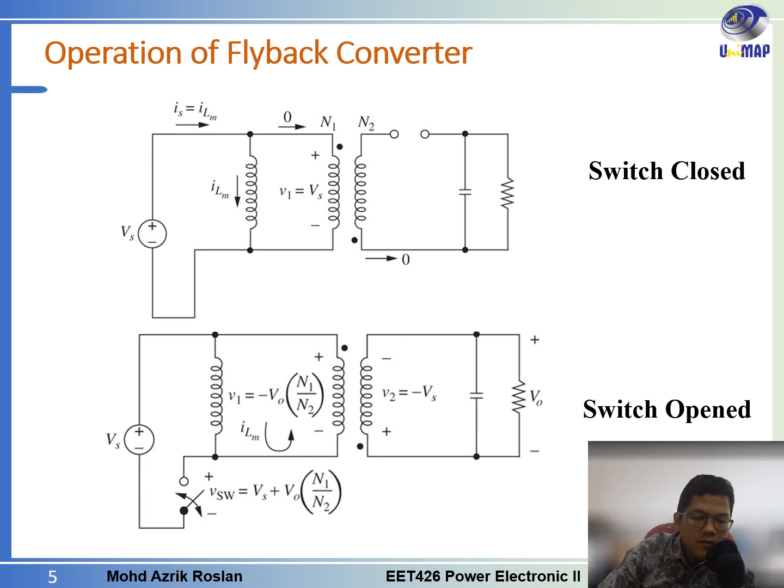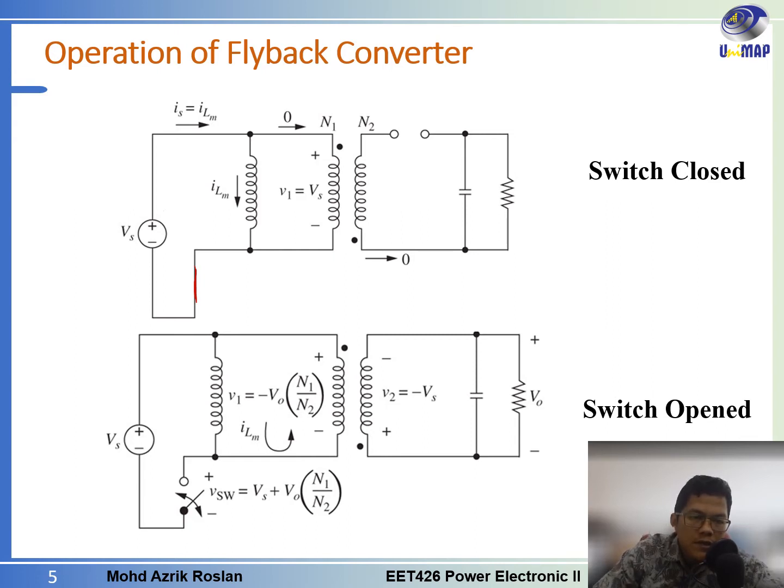Okay, in this slide I want to explain how the current flows in the flyback converter when the switch is closed. Remember that we have the switch at this point, but when the switch is closed, we consider it as a short circuit.